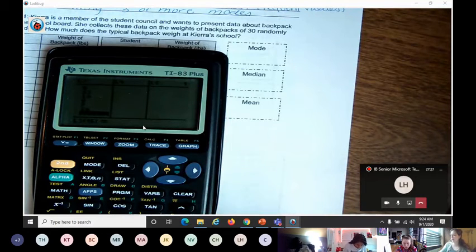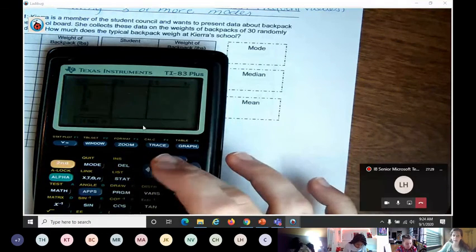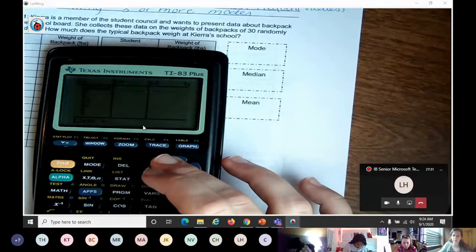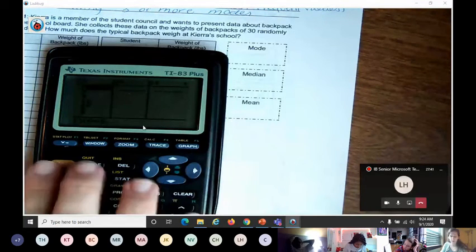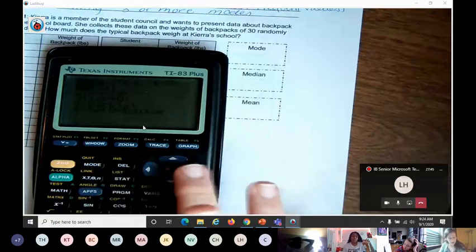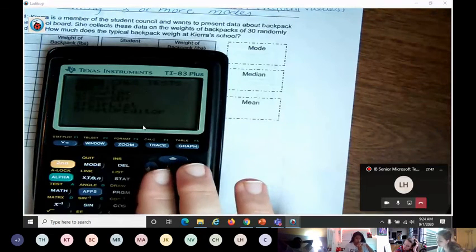Okay, so I typed in all the values in the second row. I guess if you want to do it for the whole thing, you can, but I don't really want to. So I typed that into one of my lists. To find the mode and to sort your data, you're gonna do, let's see, that, and then, can you make me a little bit brighter? Oh my, no, I honestly can't.